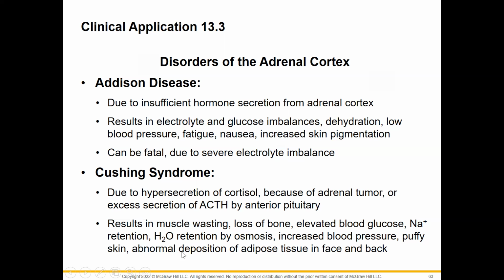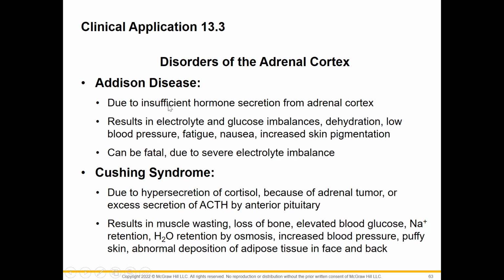You also have abnormal deposition of adipose tissue in the face and back. I don't really know why that happens, but you also see that in people who are taking cortisol, like injections or orally. If a person is taking cortisol or cortisone for whatever conditions they are, they can get a puffy face and back. All right, there's a typical look of it.